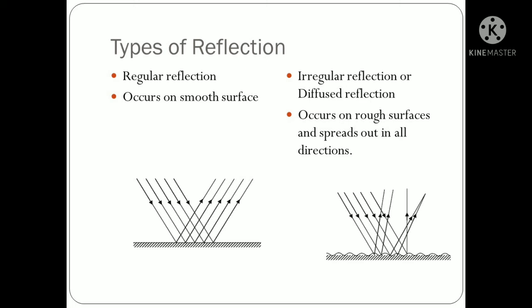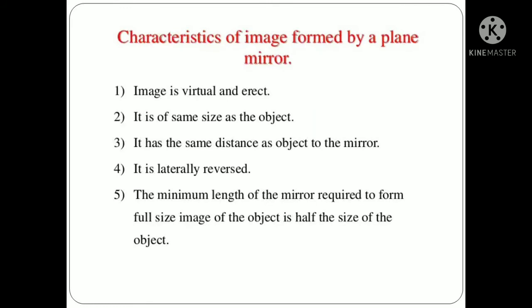Okay students, in the next slide we are going to talk about some characteristics. See here, characteristics of the image formed by a plane mirror. What are those properties? In a plane mirror, the image is always virtual and erect.